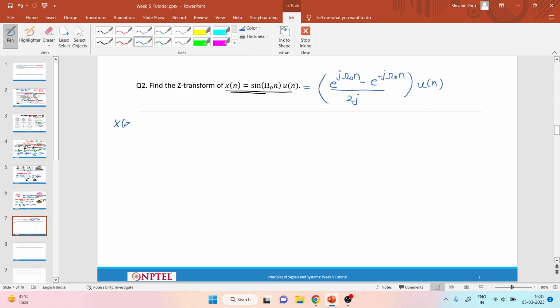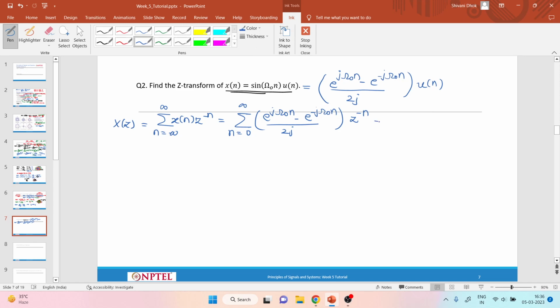We'll try to use this representation to find the z transform. So x of z is equal to summation n running from minus infinity to infinity x of n z power minus n. Since we are having a unit step function here, we can change the limits from 0 to infinity. So n equal to 0 to infinity e power j omega naught n minus e power minus j omega naught n whole divided by 2j multiplied by z power minus n.